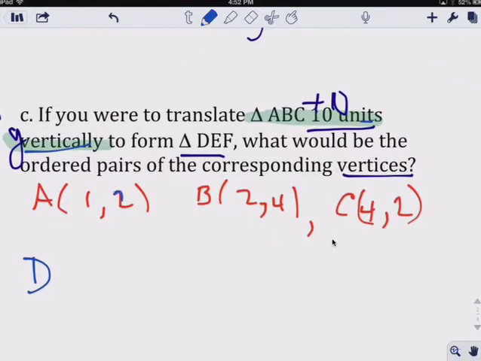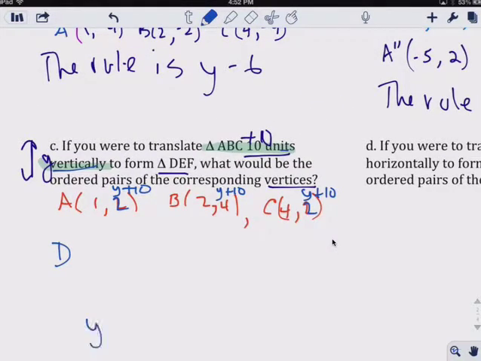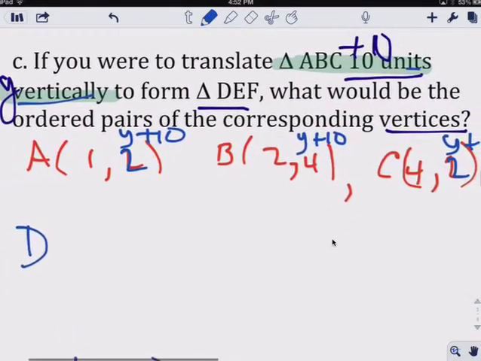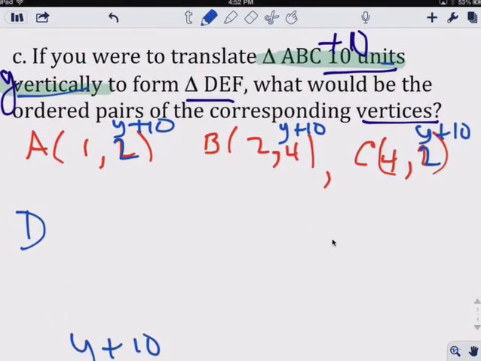Here's our y. It starts with a 2, 2 plus 10. Here's 4, 4 plus 10. Here's 2, 2 plus 10. So the rule here is y plus 10. Whatever y is, we add 10 to it because it's vertical.